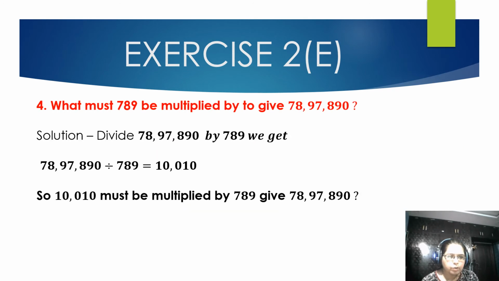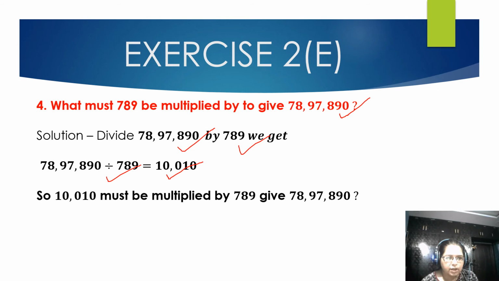Now we solve question number 4. What must 789 be multiplied by to give 78,97,890? First divide 78,97,890 by 789. We get 10,010.